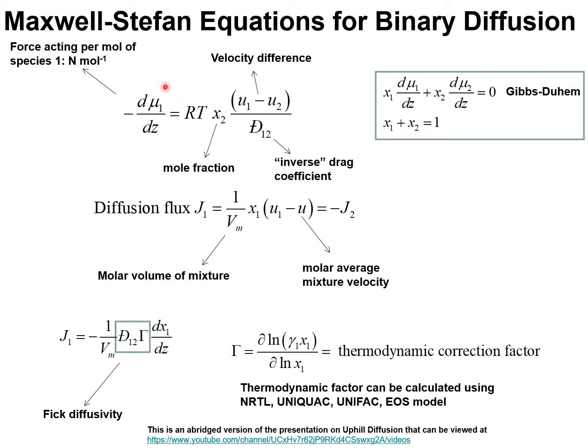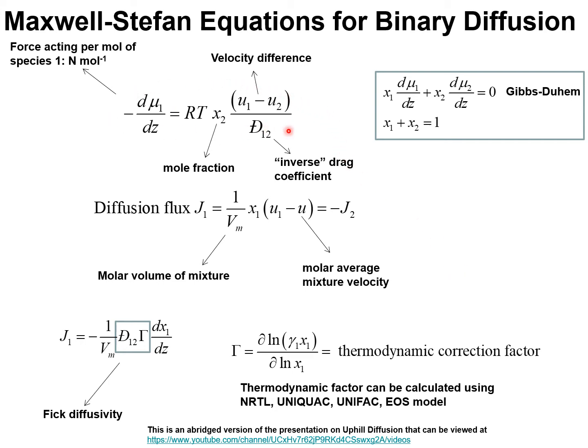The force acting per mole of species 1 is the negative of the gradient of the chemical potential, with the units newtons per mole.